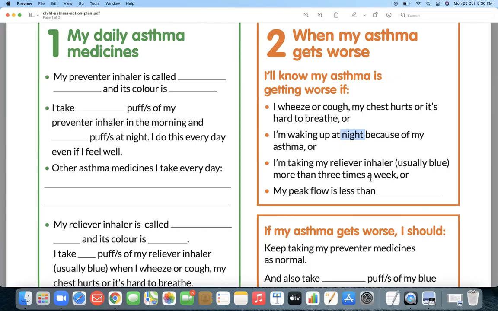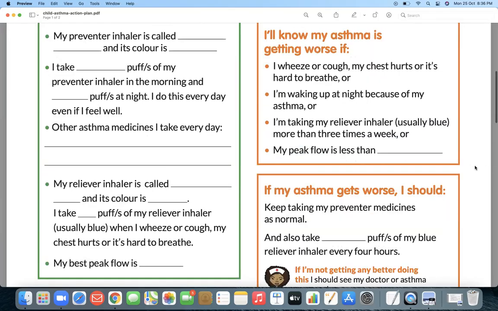This is what I was telling. Your SOB is getting worse. My peak flow is less than, for example, we were checking that I think in severe asthma it should be less than 55%, right?